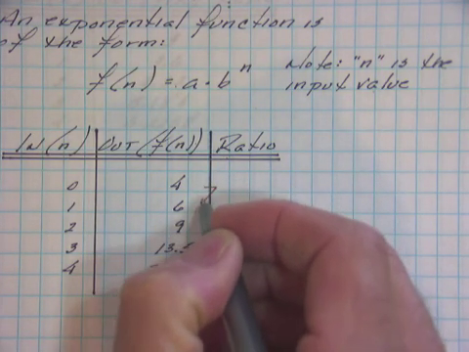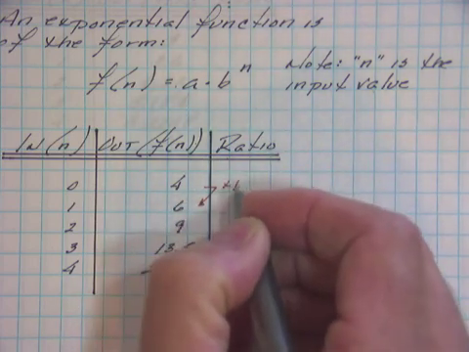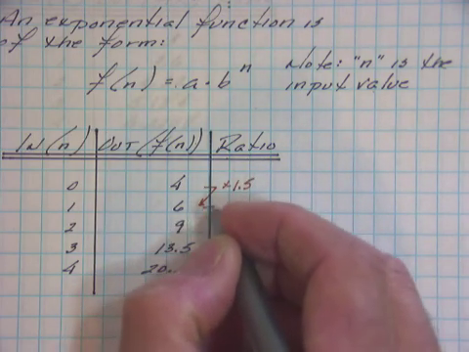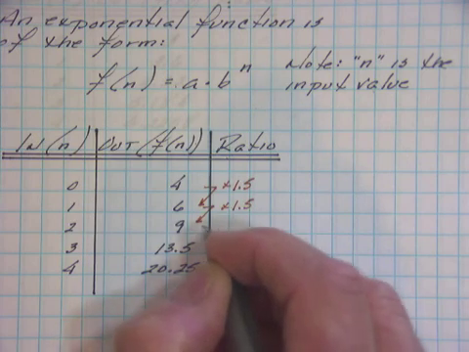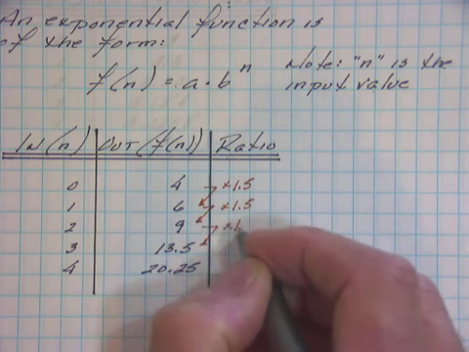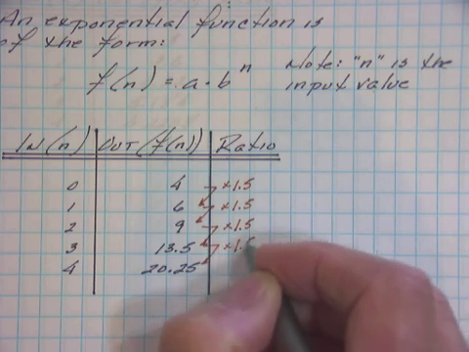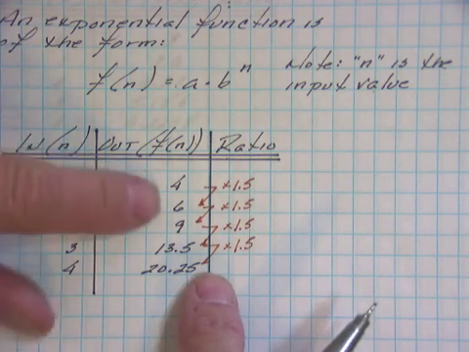Instead, what we have is a consistent multiplication. If you look at this, if you take 4 and multiply it by 1.5, you get 6. And if you take 6 and multiply it by 1.5, you get 9. And that is what is consistent here, is that we are consistently multiplying by 1.5 each time to get to the next value.